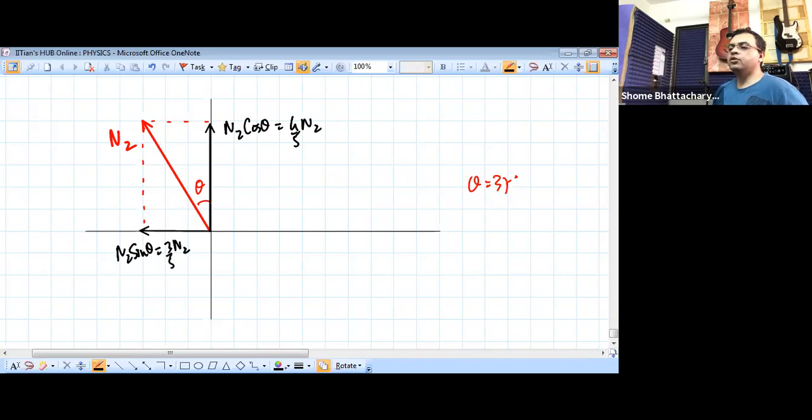And apart from that, what other forces are acting on the body? There is N1 acting because of the wall on the left, like this. And there is weight acting because of gravity, vertically downwards.